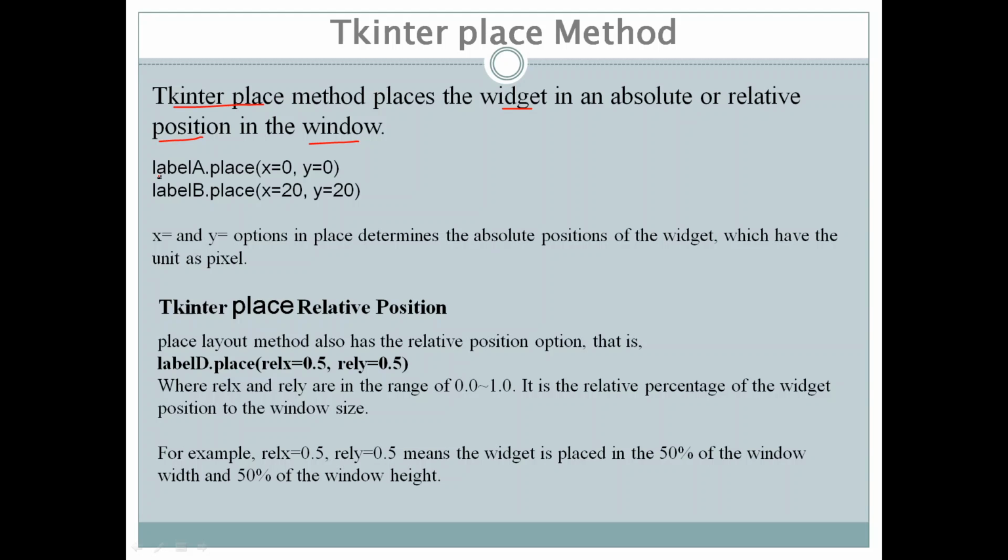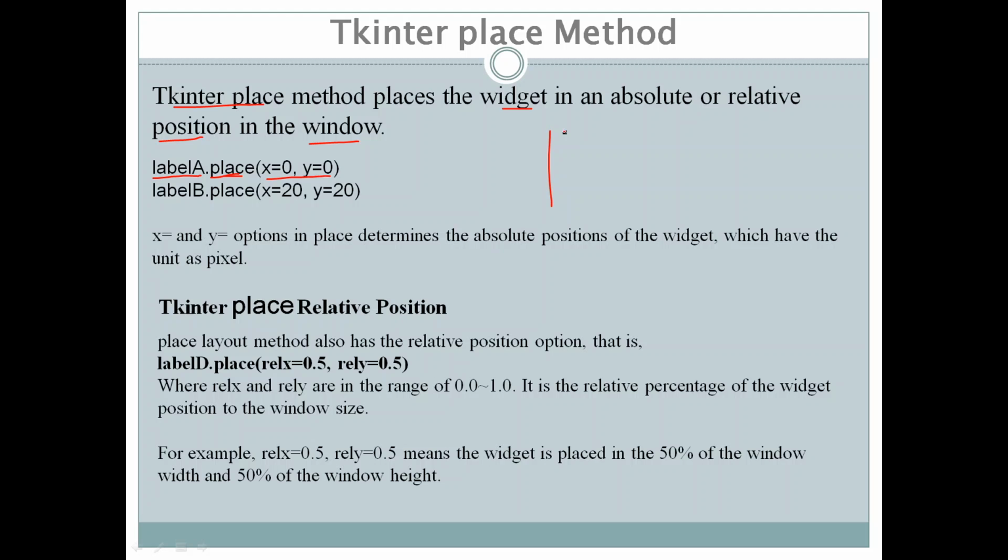For example, if you have a label created and you use label a dot place, now instead of pack or grid, we have used the method place, and we need to pass two important parameters, that is the x coordinate and the y coordinate. Where exactly you want to place your widget needs to be specified in terms of x and y.